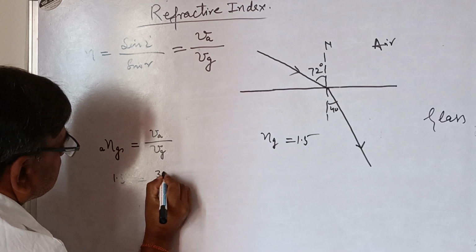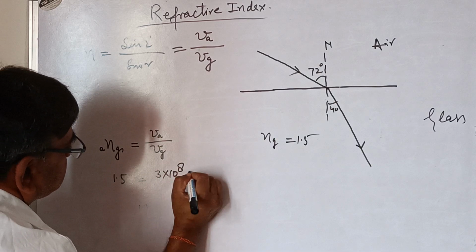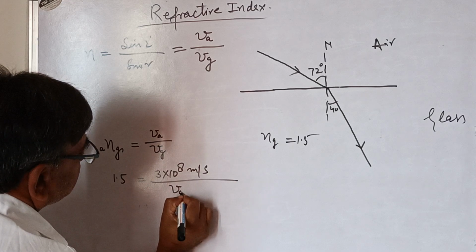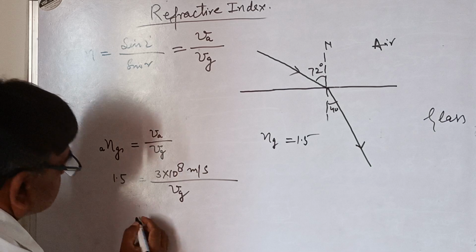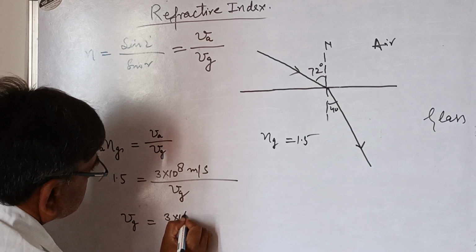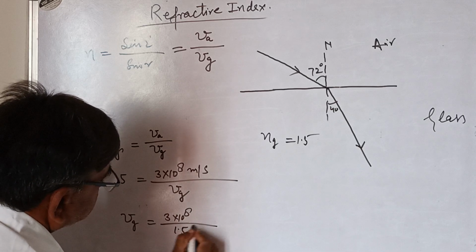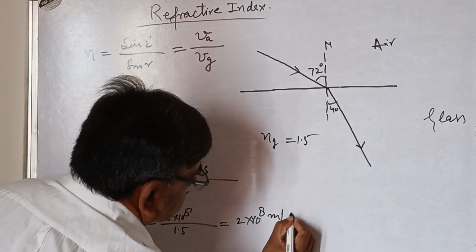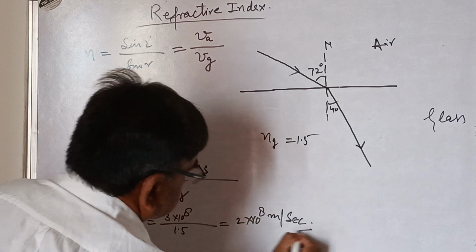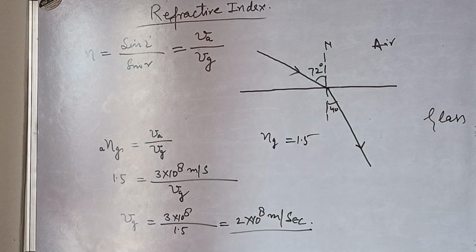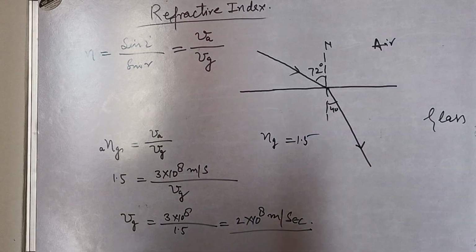Here we know that speed of light in air is 3 into 10 to the power 8 meter per second. And we have to calculate velocity of light in glass. So Vg is equal to 3 into 10 to the power 8, simple mathematics, divided by 1.5. It is 2 into 10 to the power 8 meter per second. It is very simple, but when you solve the numericals, the concept will be clear.